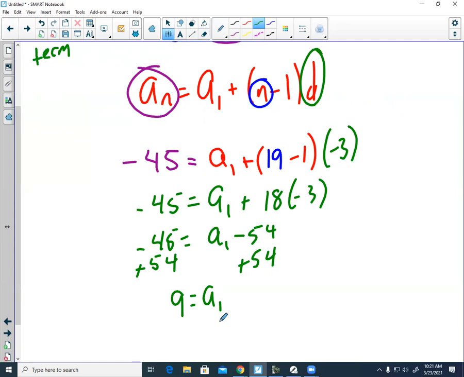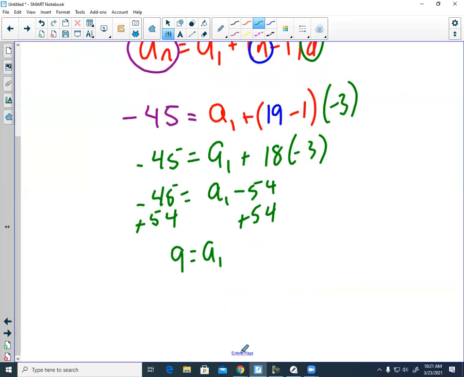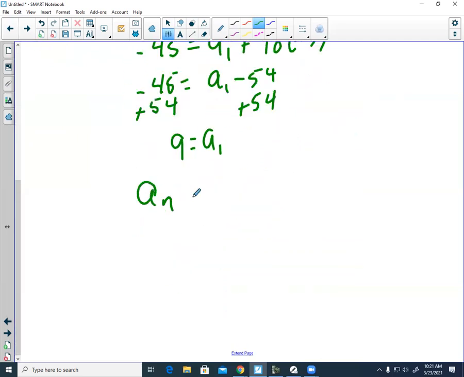And remember with my formula, I need A1 and I need D in order to fill out the entire formula. So AN is going to be equal to A1, which is 9, plus N minus 1 times the difference, which is -3. And I can again go in and start rewriting.